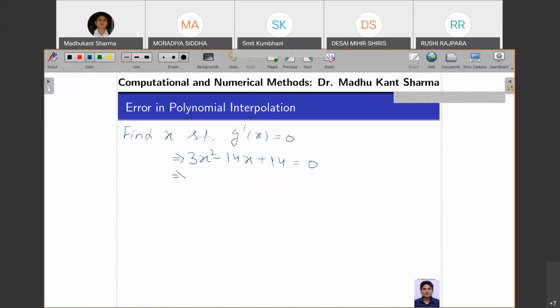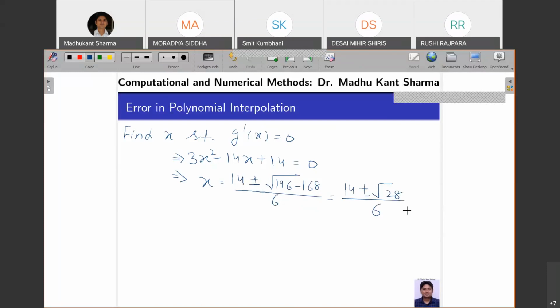It is 14 plus minus square root of 14 square, that is 196, minus 4 into 3 into 14, so that is 12 into 14, that is 168, divided by 6. That equals 14 plus minus square root of 28 by 6.